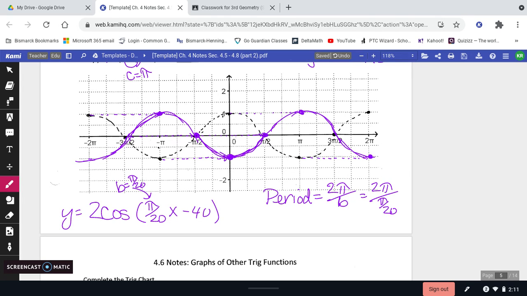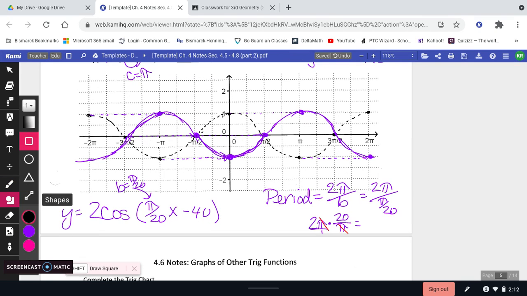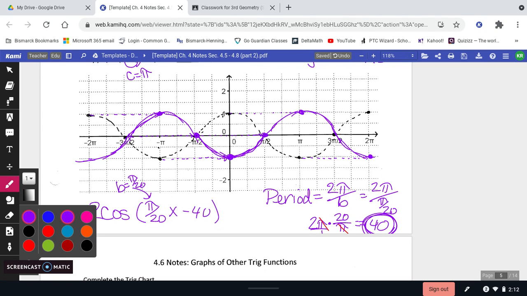Well, 2 pi divided by a fraction, we're going to go 2 pi multiplied by the reciprocal, 20 over pi. And then I can simplify, cancel pi out of the top, pi out of the bottom. And then this would be 40. So your period would end up being 40.